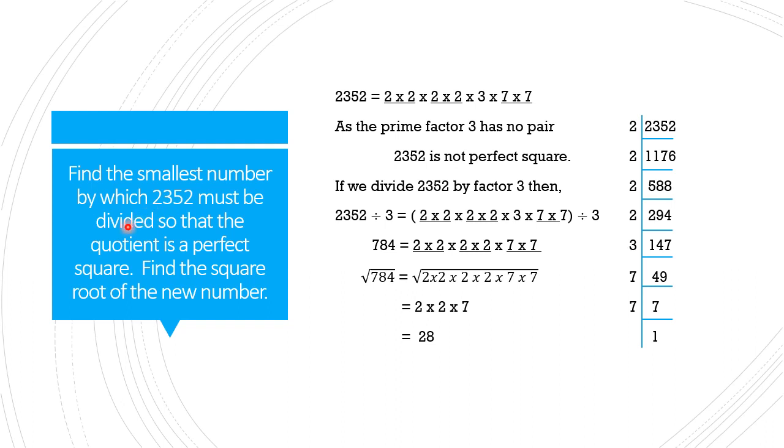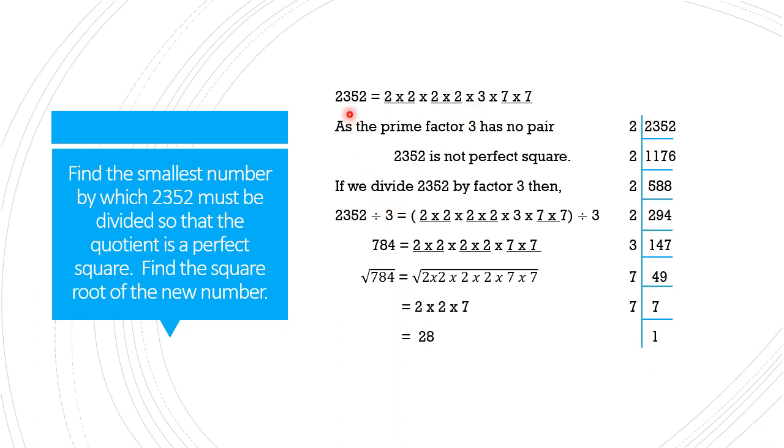Children, here it asks for divided and quotient. So we have to divide both sides by the factor which comes fewer times or is not in pair. So in the equation, both sides we divide by the number 3.